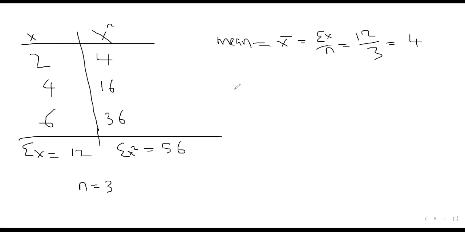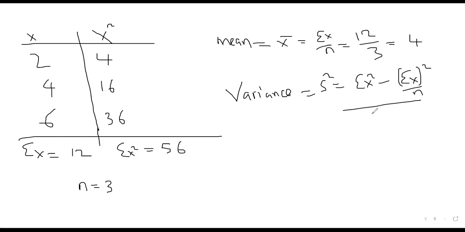Then we also have what we call the variance. The variance is given by the formula s squared is equal to summation of x squared minus summation of x to the power 2 over n, everything over n minus 1. So what is our summation of x squared? 56.